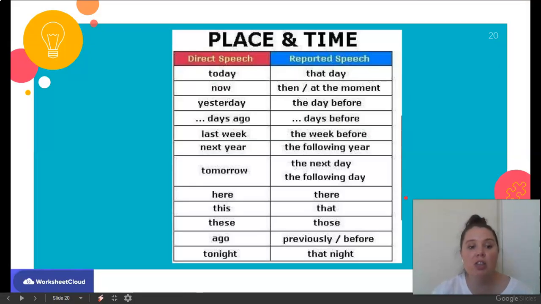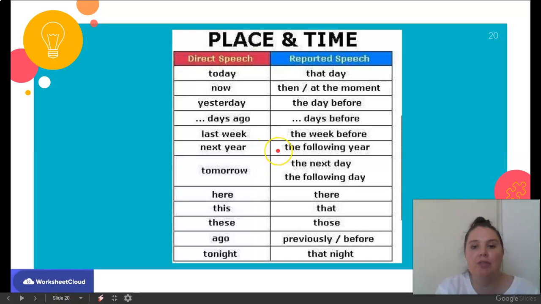Right, so here's just an example of some place and time adverbs and words that change. Today becomes that day. Now becomes then. Yesterday, the day before, or you can say the previous day. Days ago become days before. Last week, the week before, or the previous week.